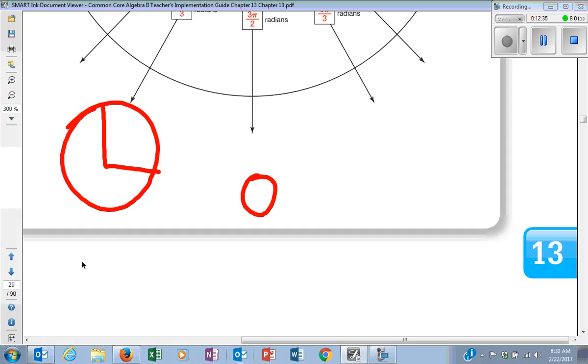It doesn't matter which circle, is what I'm trying to tell you. Because look, this is 90 degrees, correct? But it's on a smaller triangle. What are they measuring? They're measuring the angle. What does radians measure? Angle. So it doesn't necessarily matter about the size of the circle. So it doesn't matter if it's on the unit circle.